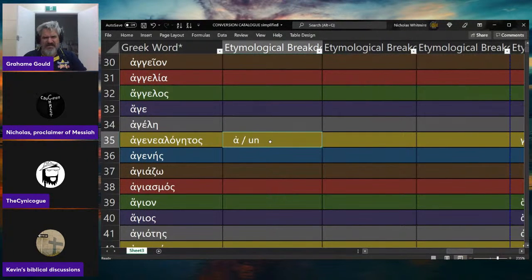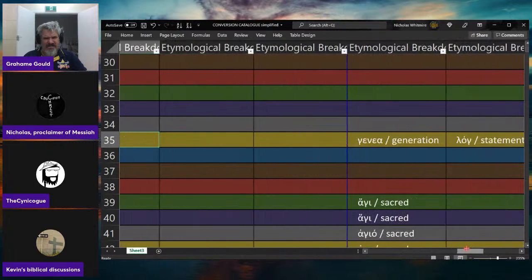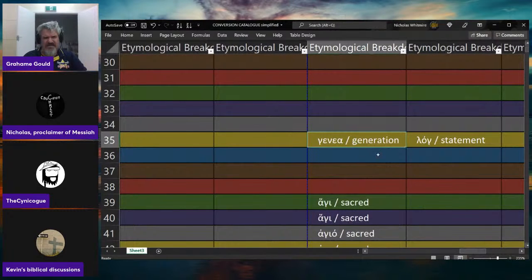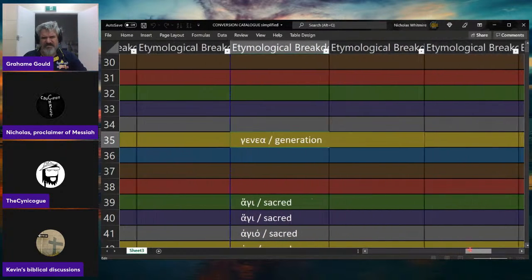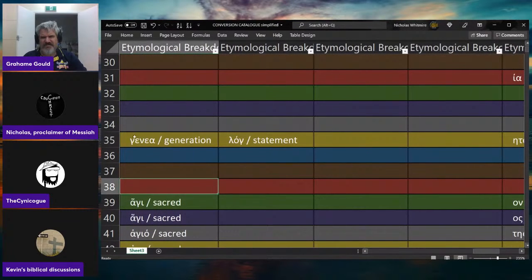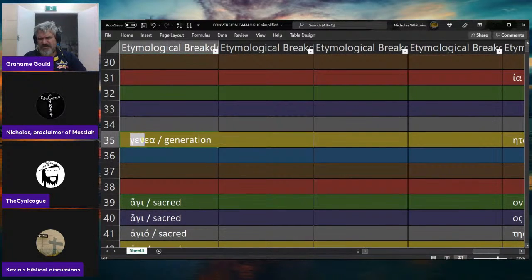A is the negafier. Then genea, gen is generate, and genea is generation. So the gen is the 3-letter there for generate. That's the base, but then it's expanded to generation.